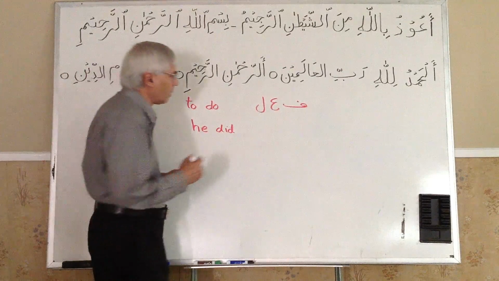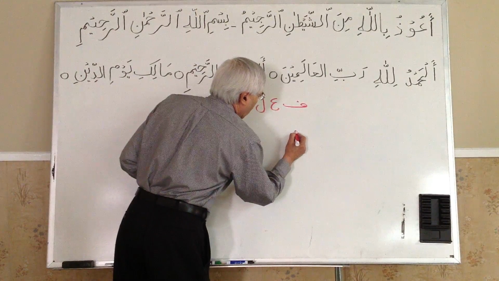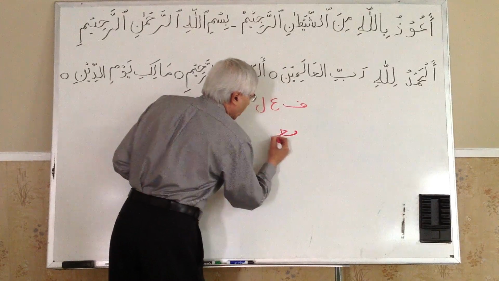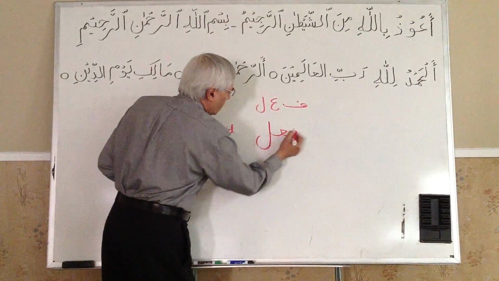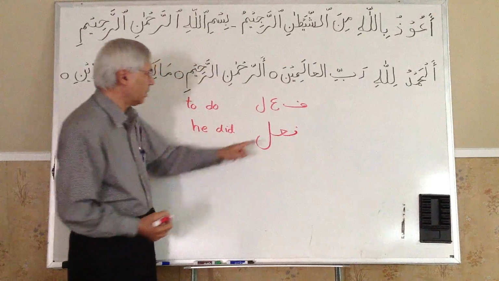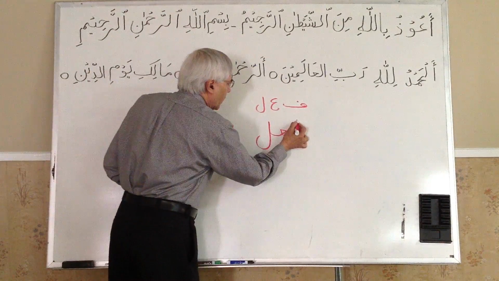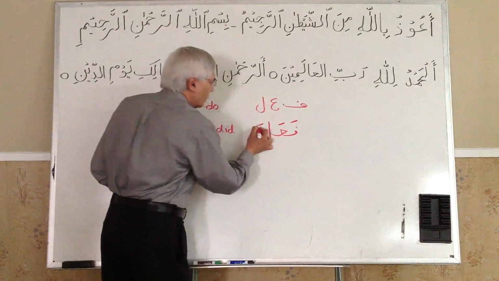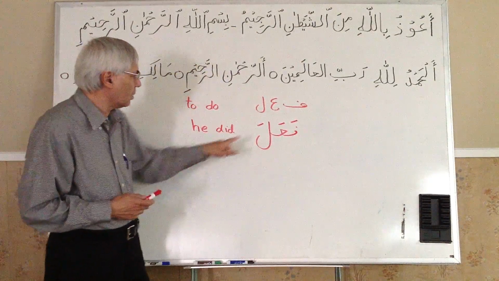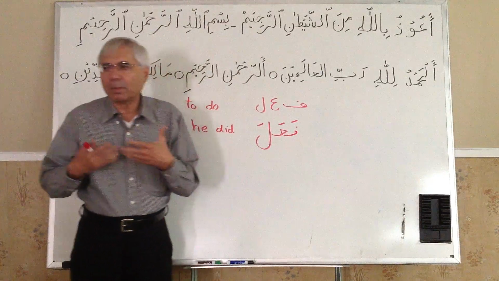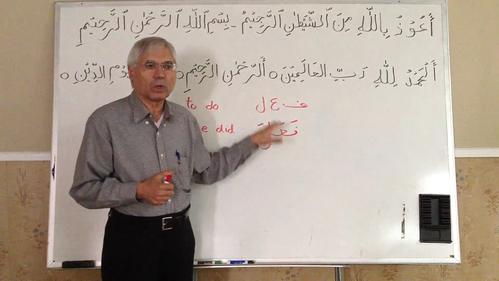So what we do in Arabic, we take these 3 letters, fa, ayn, lam, and we write them together like this. We combine them by joining each of them, and then we put a fatahah on each of them. Why do we put this fatahah here? To bring this sound. Without this we cannot pronounce this.